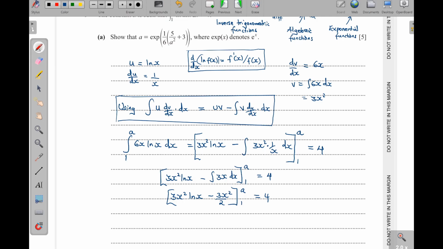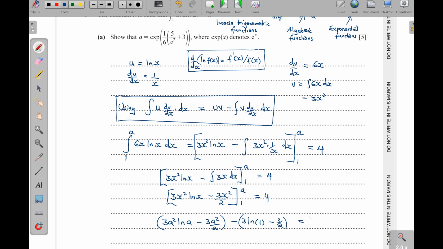So when I put the limits, wherever there is x, I put the a, so that will be 3a squared natural log of a minus 3a squared over 2. Then after that, we subtract, put a 1, so that will be 3 natural log of 1, which is a 0, then minus 3 over 2.